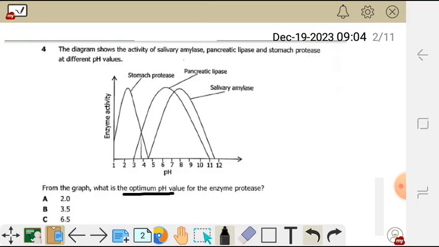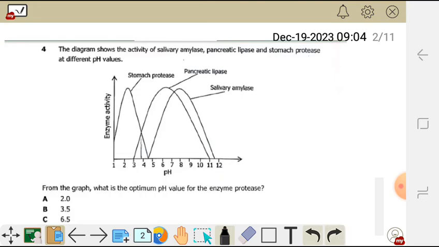So the optimum pH is the pH at which the enzyme works best, okay? At which the enzyme works efficiently. That pH is considered to be the optimum pH. Now, when you look at this graph here, we have the y-axis showing the enzyme activity and the x-axis showing the pH at which that enzyme is working.